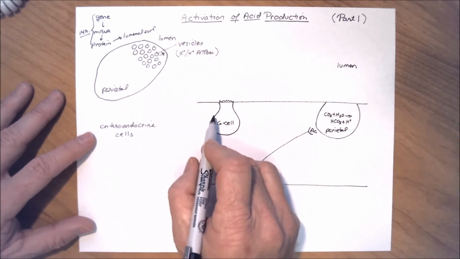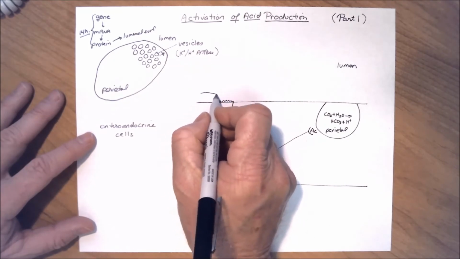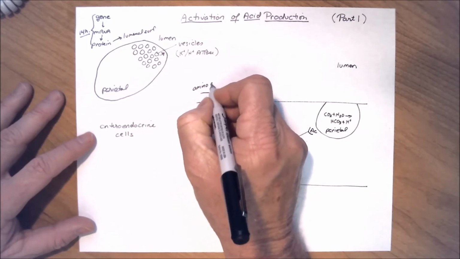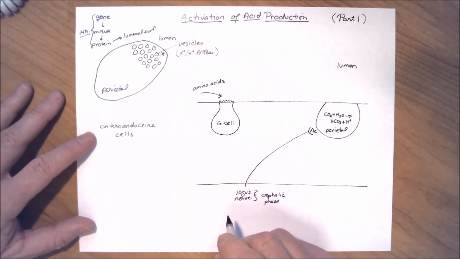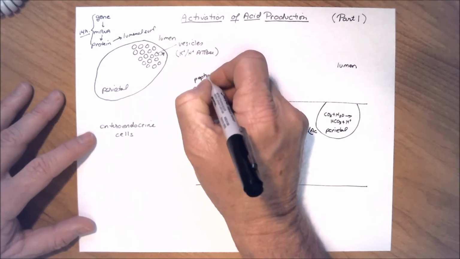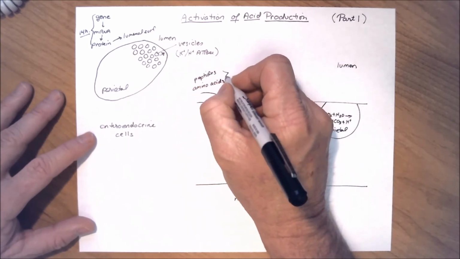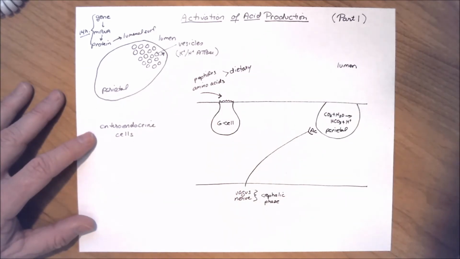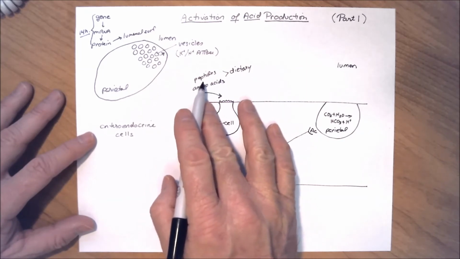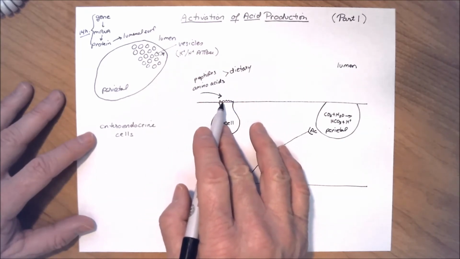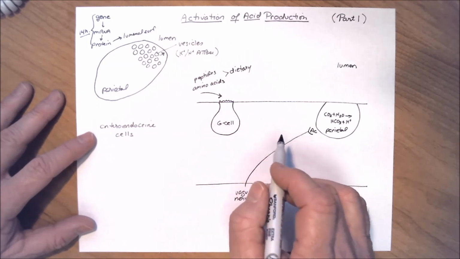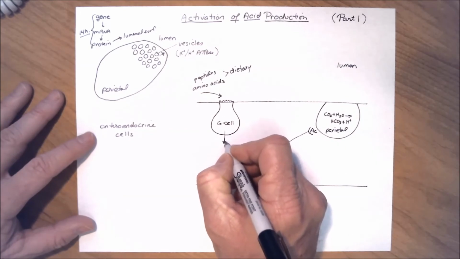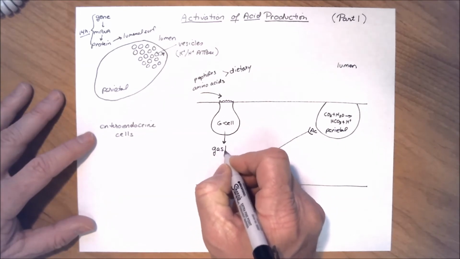The G cell is responsible for sensing amino acids and peptides. So these, of course, are coming from a dietary source, being ingested. We have some preliminary digestion of the proteins we consume. These trigger cell surface receptors that now stimulate the G cell, and the G cell is going to secrete the hormone gastrin.